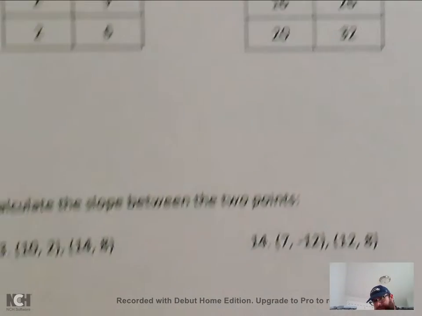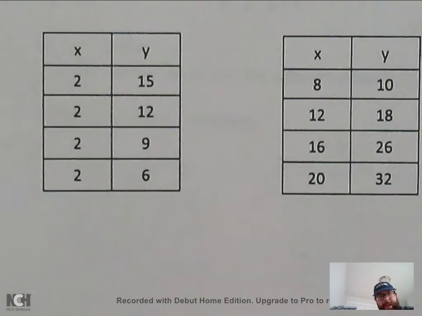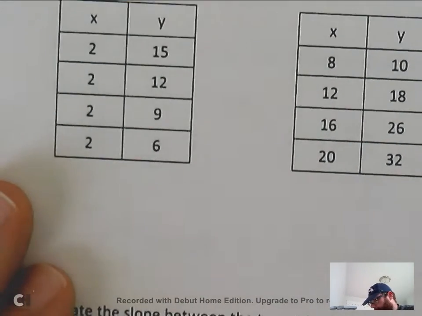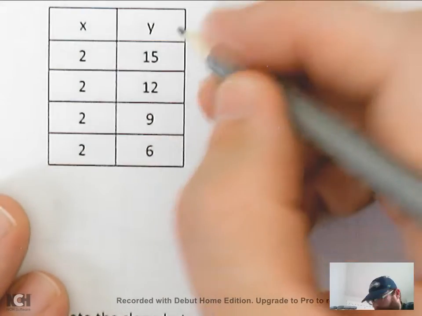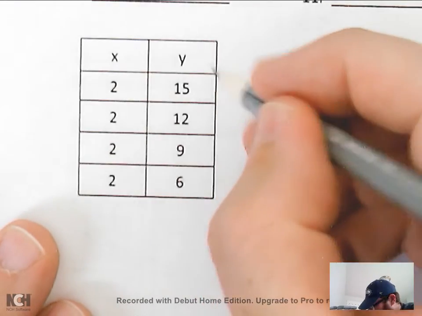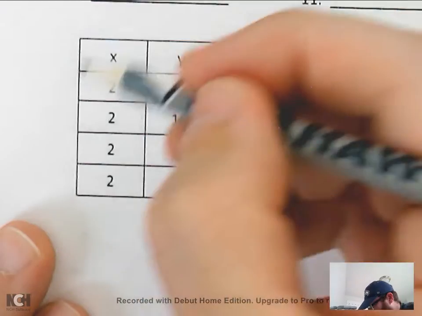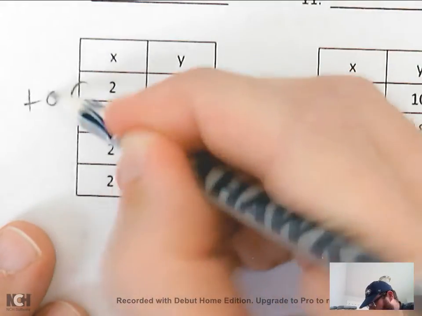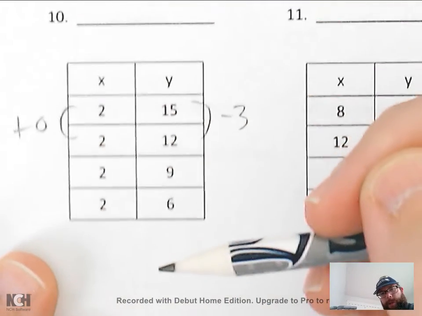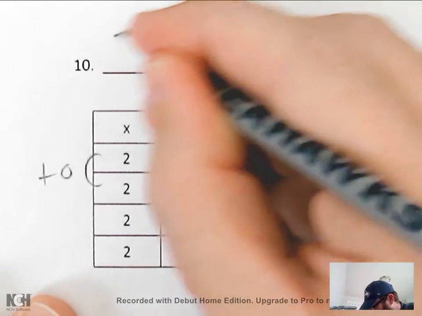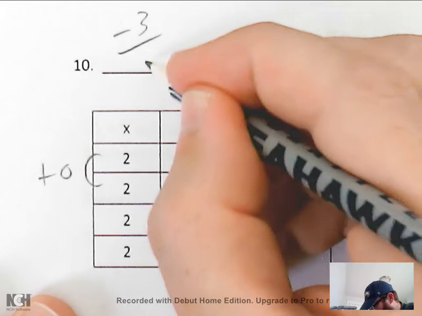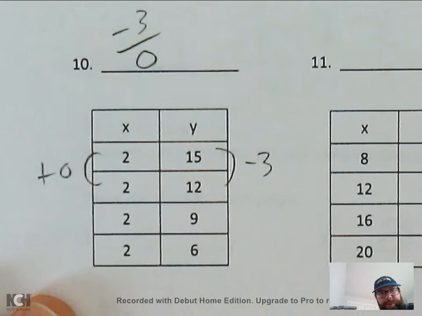Okay, then a couple more from tables to work with. So we've got 15 going to 12. So that would be subtracting 3, right? But the x goes from 2 to 2, so it's like adding 0. So when we put that together, change in y, which is negative 3, over change in x, 0, would be negative 3 over 0.